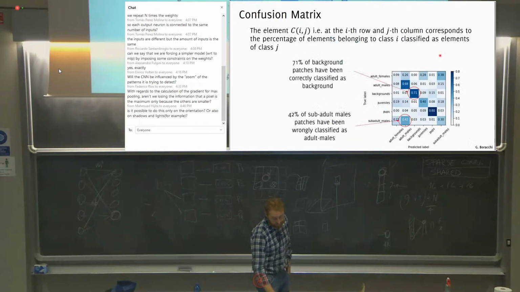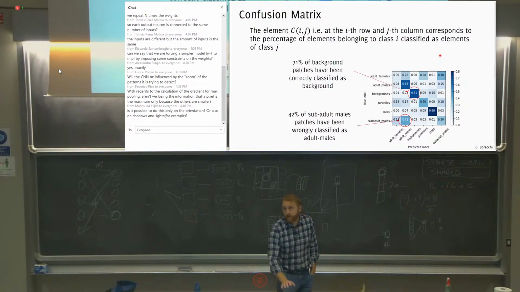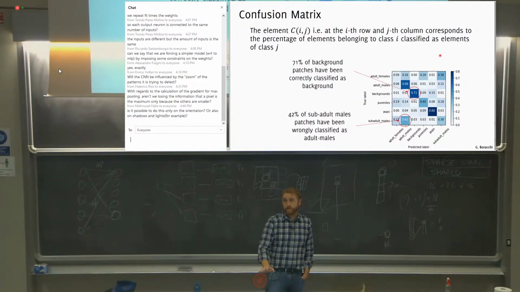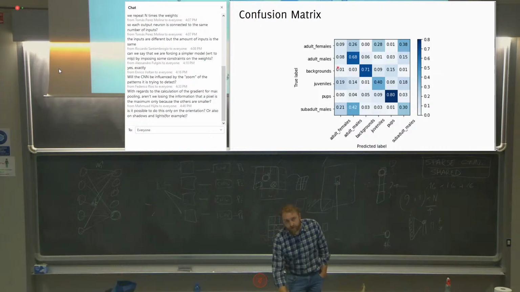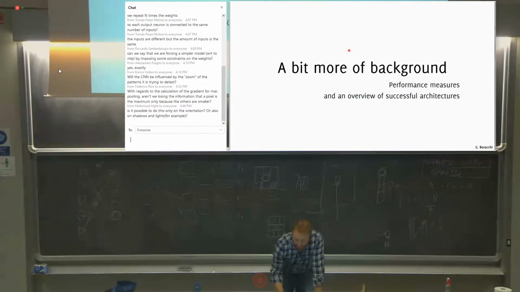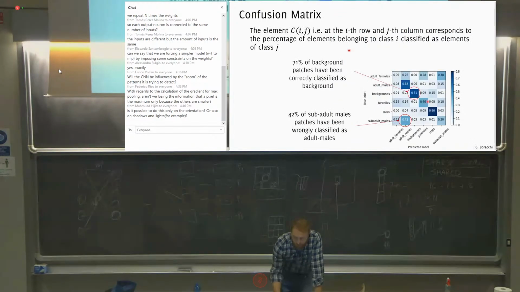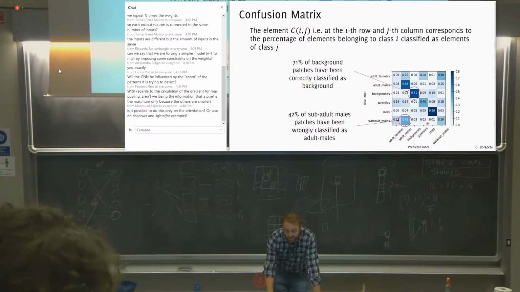Are you familiar with the confusion matrix? Okay, then it's good to specify. This is not related to convolutional neural networks; this is for whatever classifier. You get a matrix to show your performance, and each row and each column refers to a class.